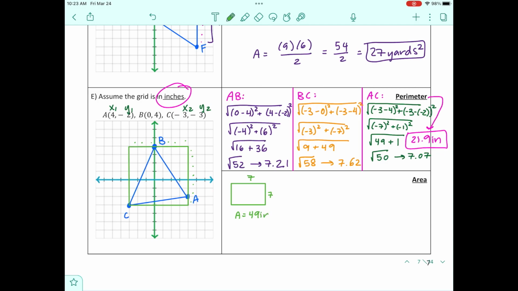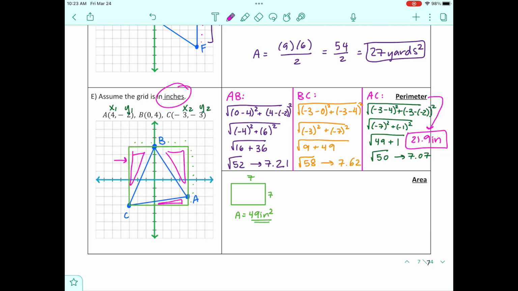Actually, the entire rectangle that we created is 49 inches. If we can take away each individual triangle, so this triangle and this triangle and this triangle, you can subtract those away, and then we would know the area of the 3 triangles as well.